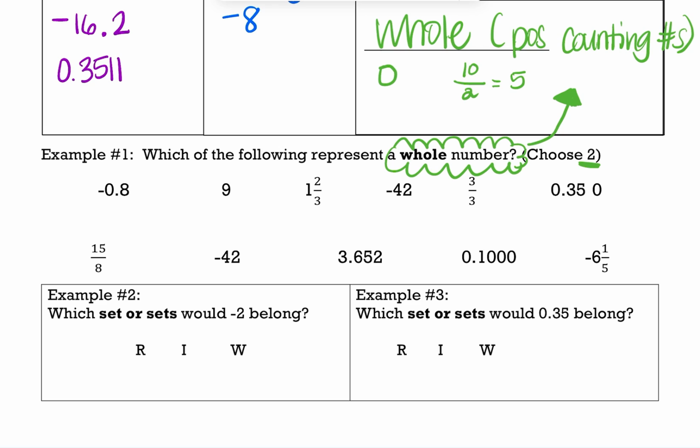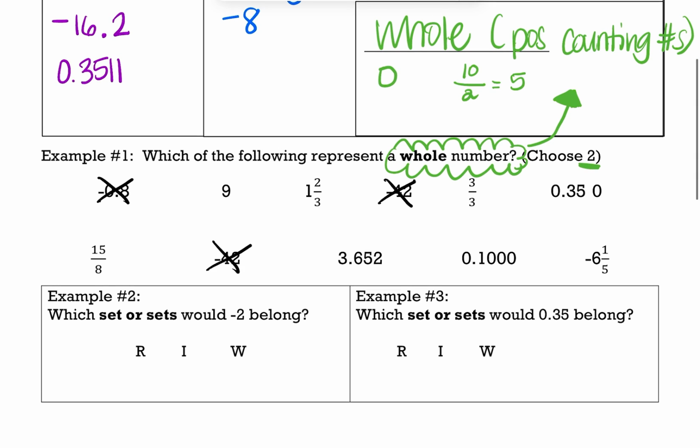So first thing I'm going to do is eliminate anything that's negative. So I'm going to mark out, oh, that's a negative, that's a negative, that's a negative, and that's a negative. And I eliminated those because anything that's negative can't be a whole number, because whole numbers are positive, okay?